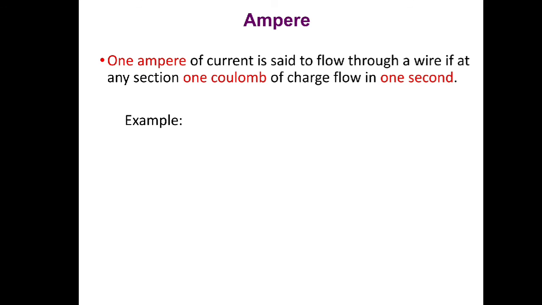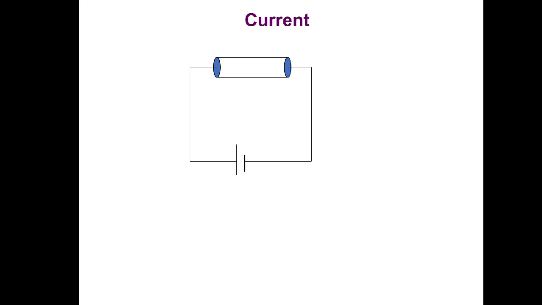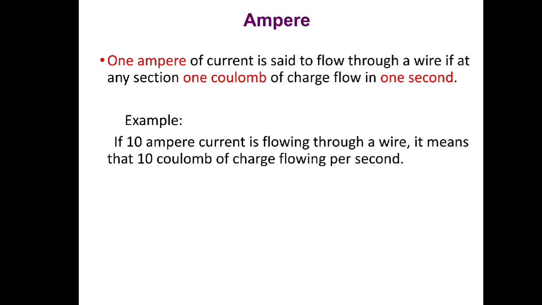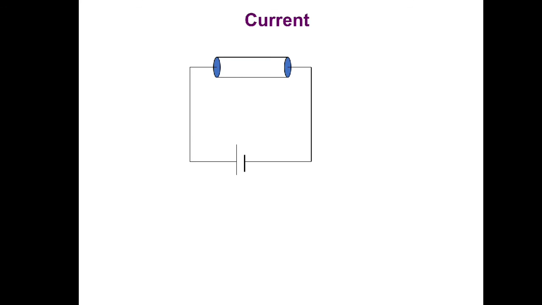So 1 ampere of current is said to flow through a wire if at any section 1 coulomb of charge flows in 1 second. As an example, if 10 amperes of current is flowing through a wire, it means that 10 coulombs of charge are flowing per second. You can consider here the electron flow is from right to the left.